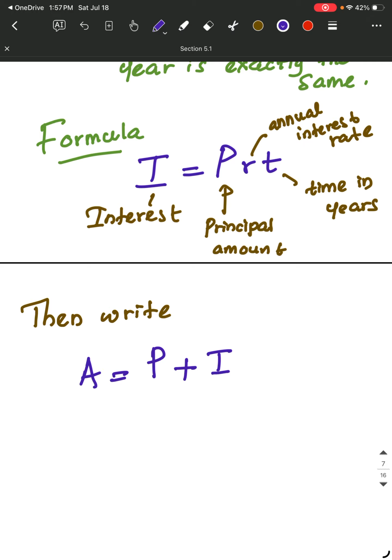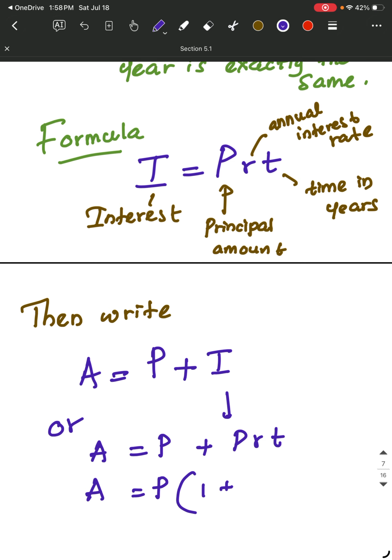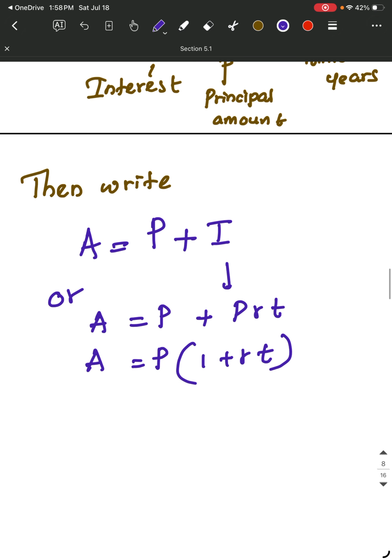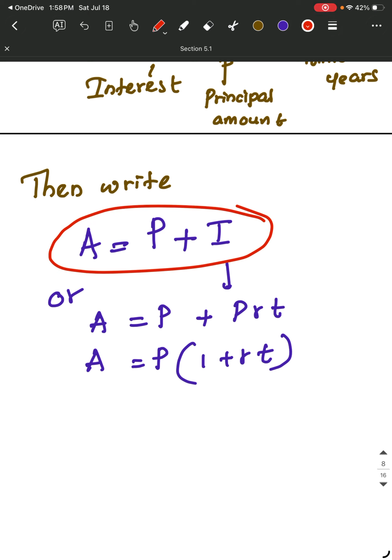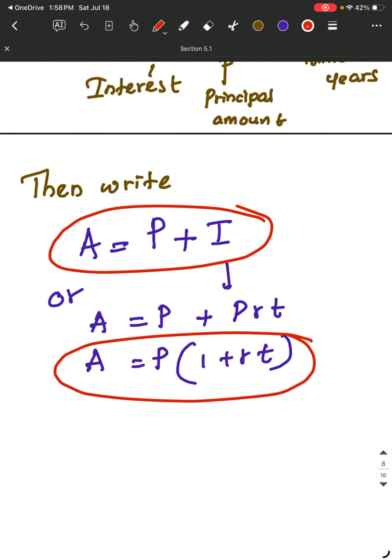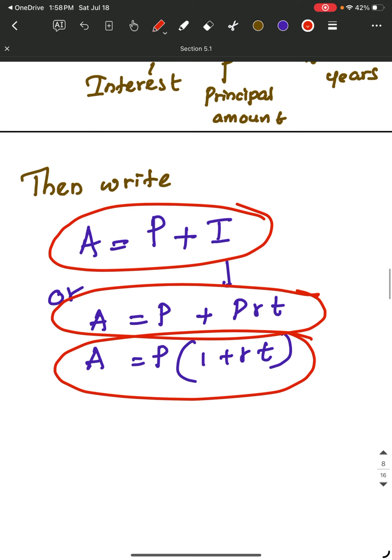Now we can substitute I equals P R T and take the common factor P out: A equals P times 1 plus R T. Both A equals P plus I and A equals P times 1 plus R T, or A equals P plus P R T, give the accumulated amount.